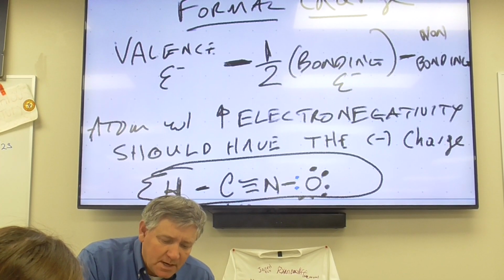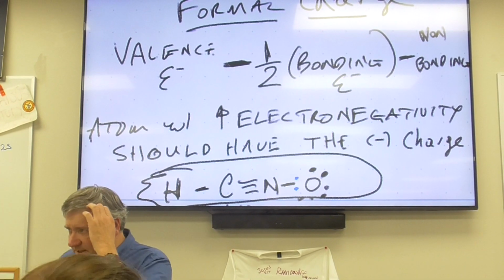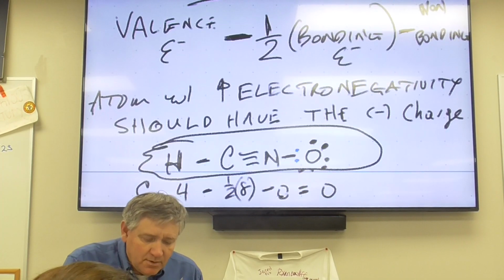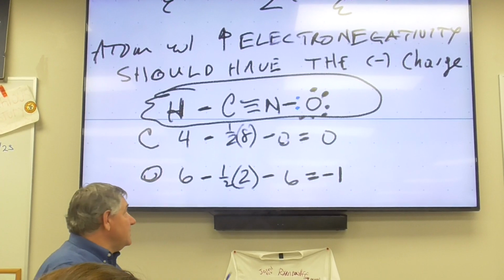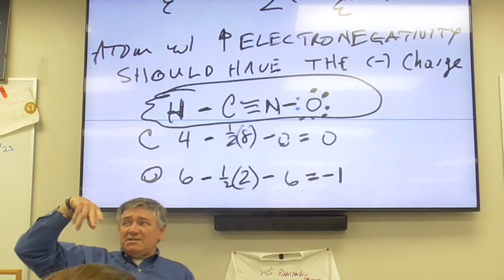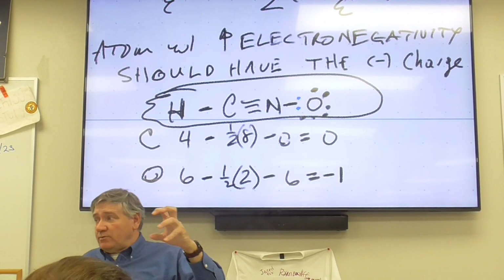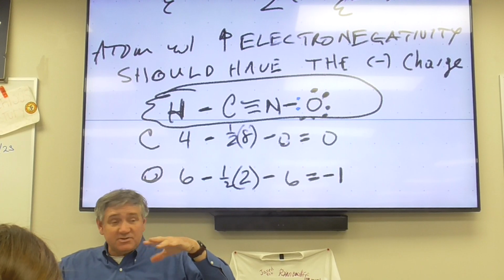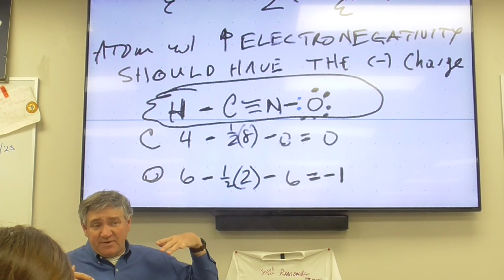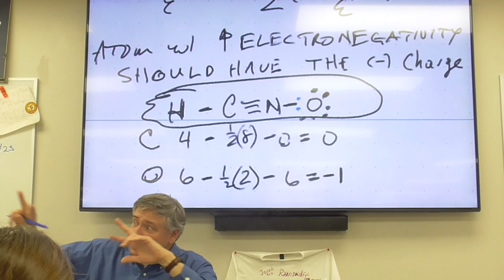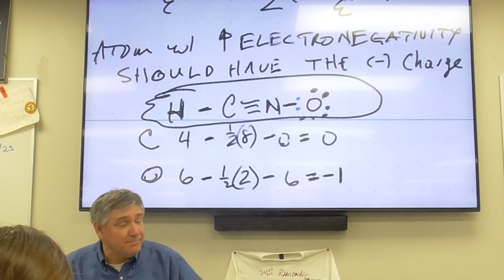The tricky one comes when you have half the number of bonding electrons. So if you look at carbon, the reason that you divide by 2 is kind of like what you did yesterday when we were trying to find the number of shared electrons. We found the difference and we divided by 2 because there are 2 electrons involved in forming a bond.